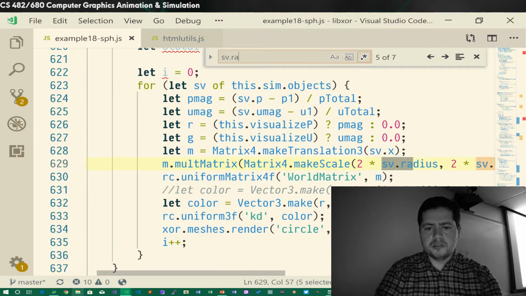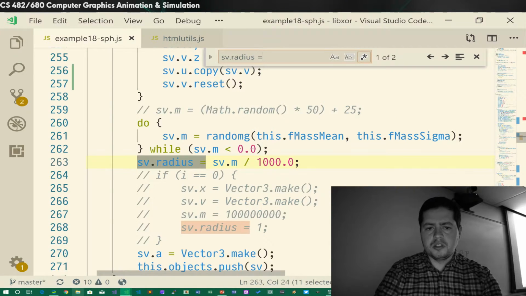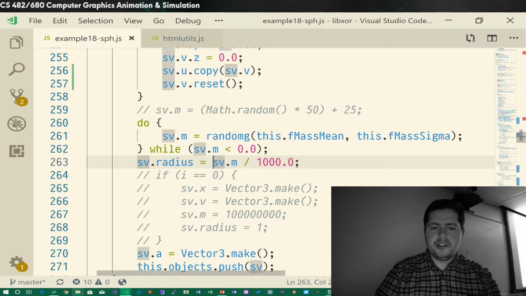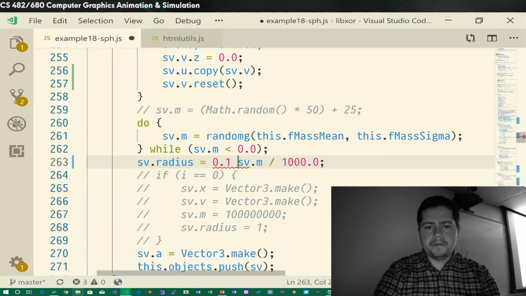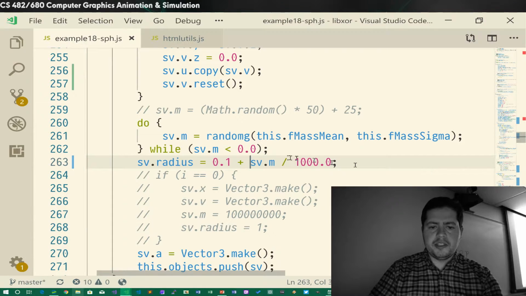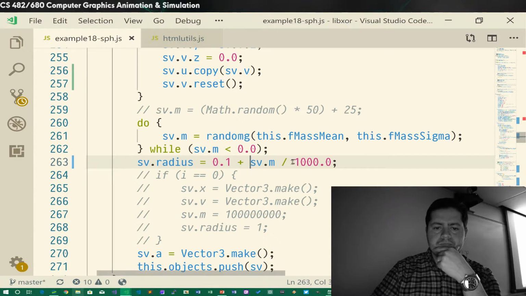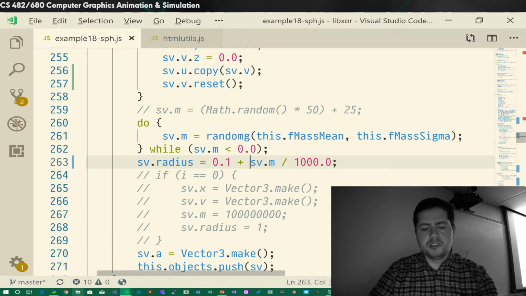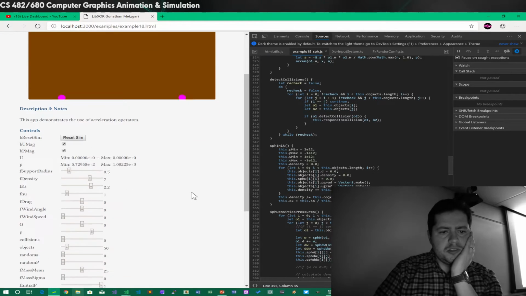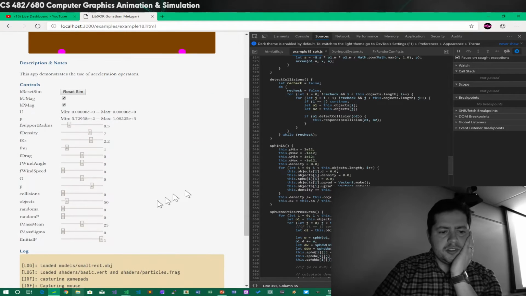Okay. Right now that equals the mass, but I want to set that equal to a minimum value. Oh. Let's see if that changes.